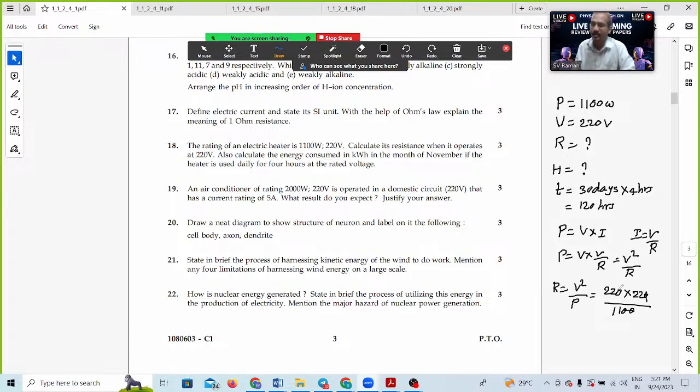So 2 zeros will be cancelled and 11 twos are 22, which is 44 ohms is the resistance. Now energy value we have to find out. Now here I am writing H is equal to I square RT, or H is equal to P into T directly. So power P is 1100 into time value 120 hours. Alright.